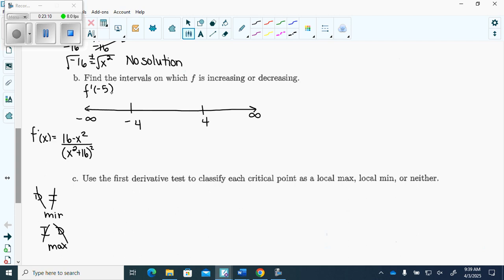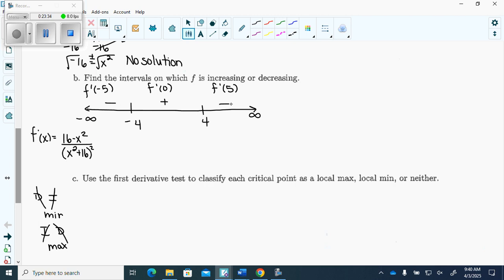So negative over a positive is a negative. Then say I plug in f prime of 0. I'll get 16 minus 0, which is a positive over a positive, which is a positive. Say I plug in f prime of 5. 16 minus 25 is negative over a positive, which is a negative.